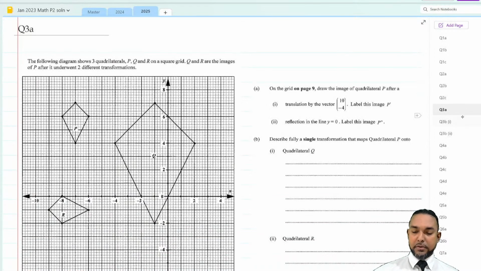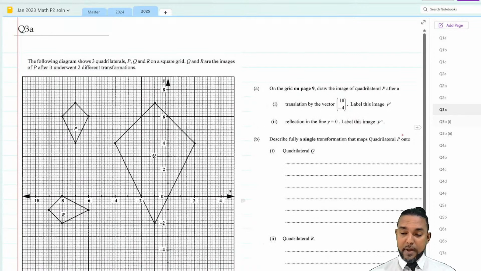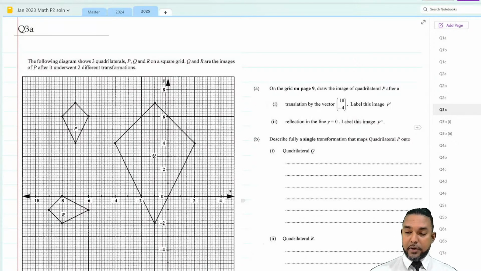Number 3? That maps P onto Q. P onto Q would be an enlargement.